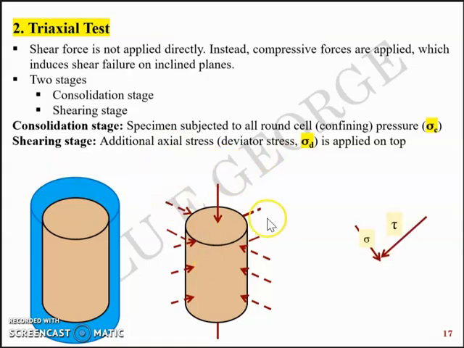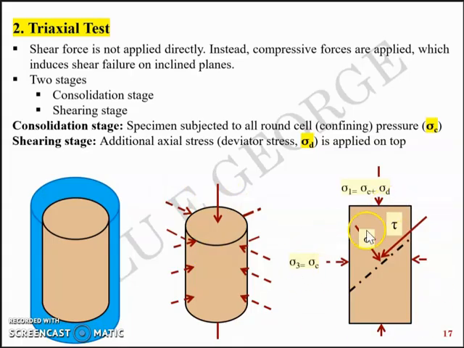So you have the soil sample here. Confining stress, sigma C, will be the minor stress which gets applied through the circumference and also on the top and the bottom, and the deviator stress, sigma D, is an additional stress.